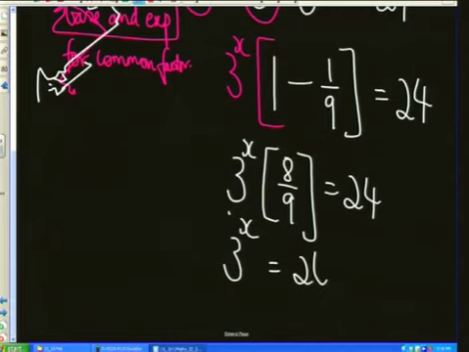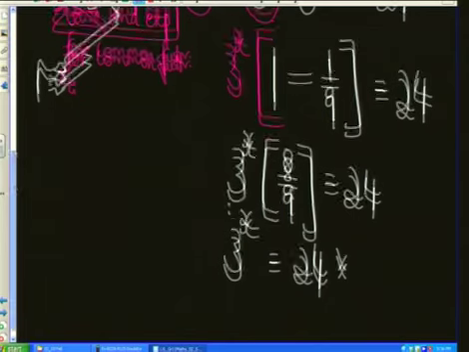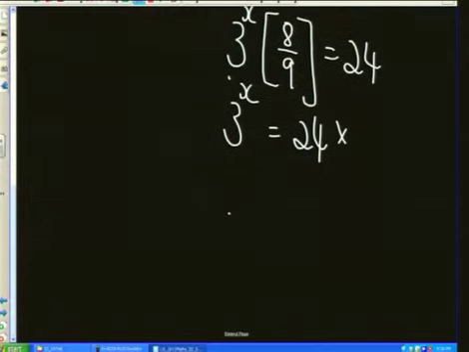So I would get divided by 8/9 means times by 9/8. And if we just keep going, we get 3 to the x is equal to 8 into 24 is 3, times 9 is 27.